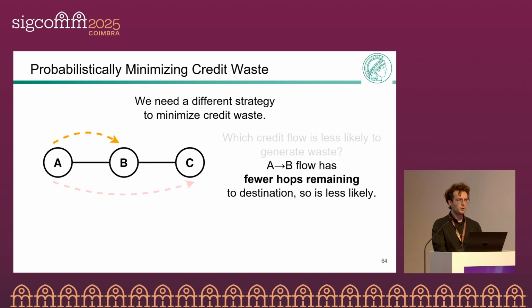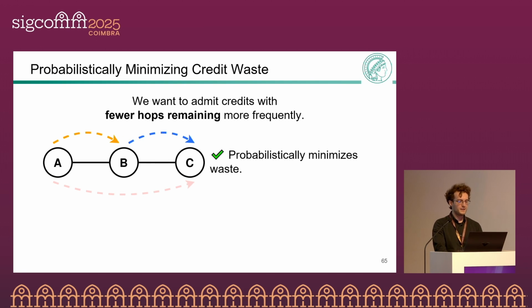So our overall strategy is that we want to admit credits with fewer hops remaining to the destination more frequently than the others. This intuitively, on a particular graph configuration, will probabilistically minimize credit waste. But at the same time, of course, it will also be inherently unfair to flows on longer paths.